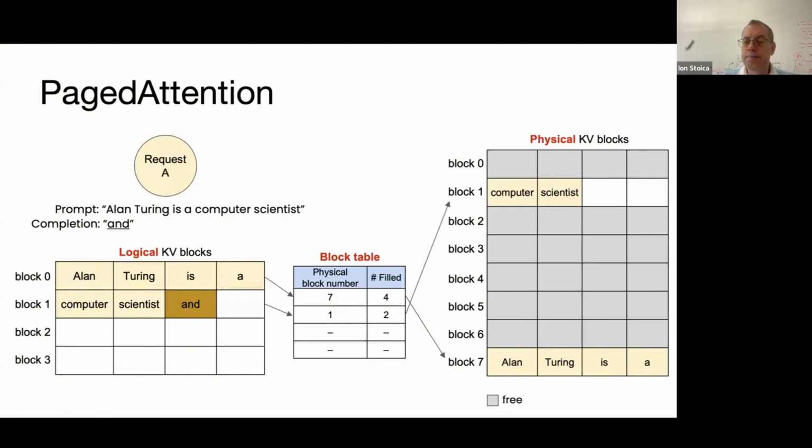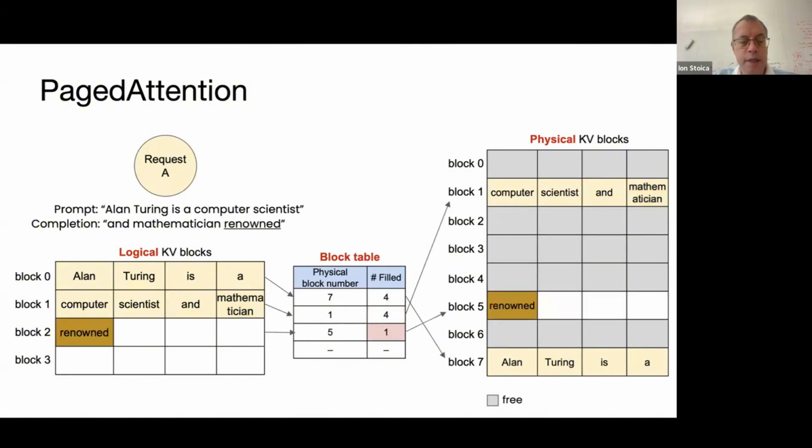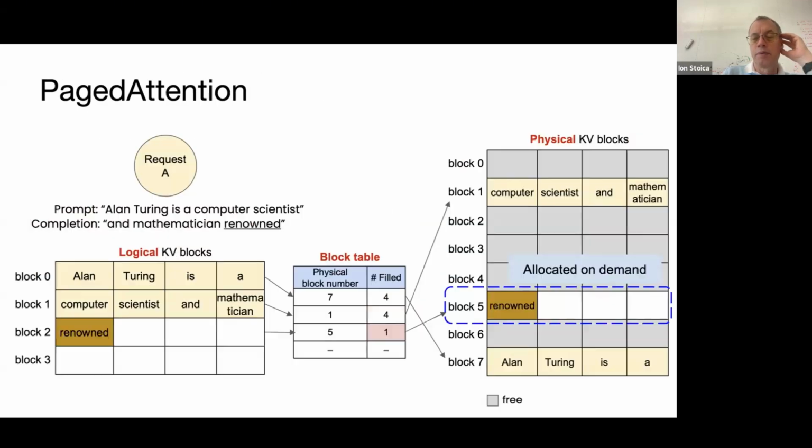Also in the physical memory, it's going to be stored in the corresponding block, block 1. And the same with the next token. And finally, now block 1 in the physical memory is also filled. You continue sequentially in the logical space, and now you have to find a different free block, in this case block 5 in the physical memory, and you continue. Okay, that's it, right?